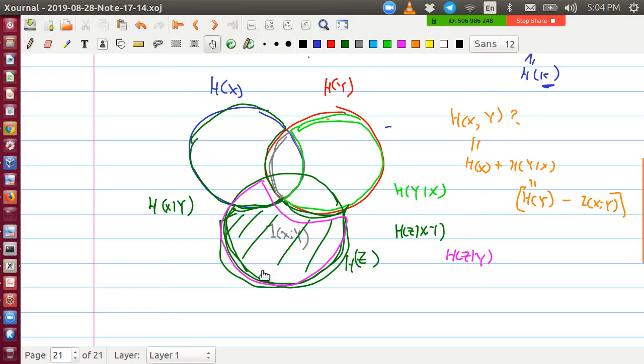So if we go back to our earlier question, what is this here? This is H(Z given Y) minus H(Z given X,Y). And this is actually I(X;Z given Y).